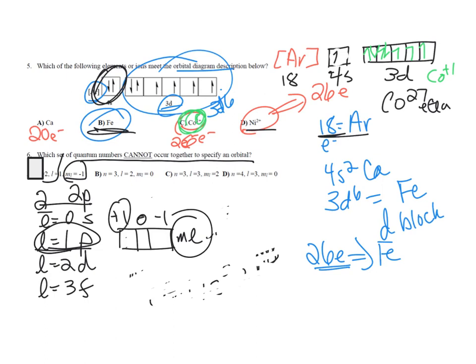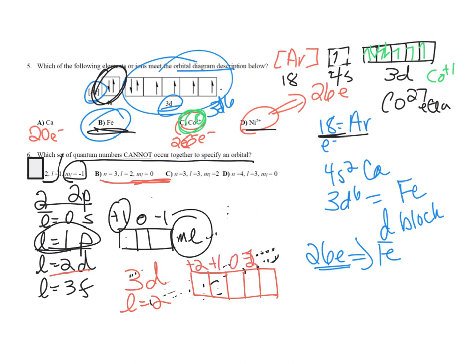Okay, let's go to the next one. Can you have a 3, that's row 3, L is 2, so D. And if you have d orbitals, you have 5 of them, right? 1, 2, 3, 4, 5. So if L is 2, then m sub L is plus 2, plus 1, 0, minus 1, minus 2. So you do have a 0, and that is fine. So B is fine. We're looking for what we cannot have.